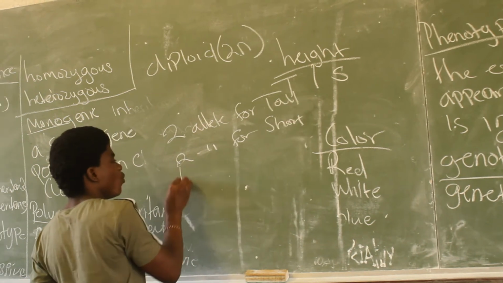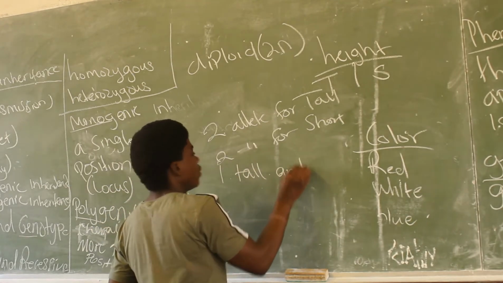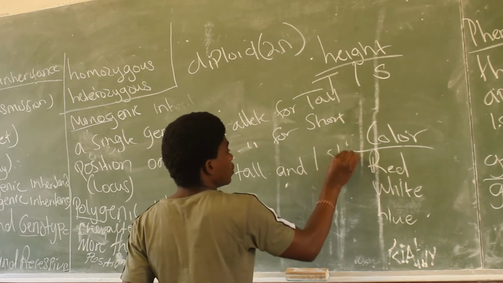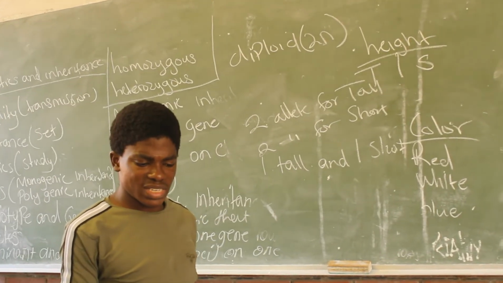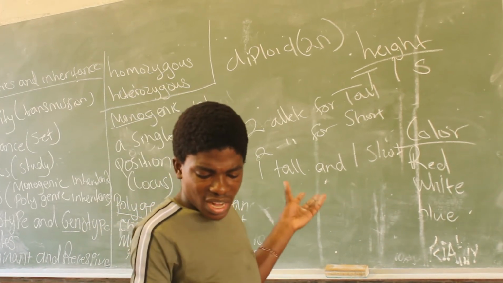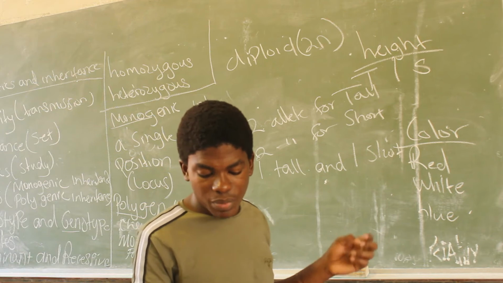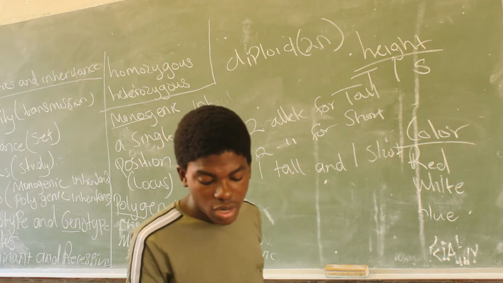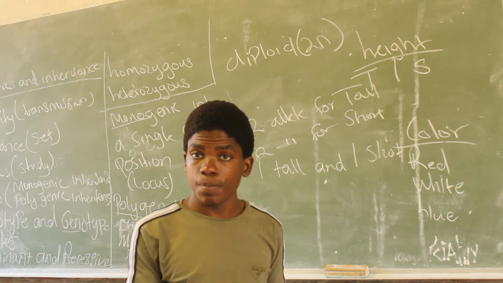Or you can have one for tall and one for short. So how does that come about? How does that happen? We can define genotype as a combination of alleles that an individual possesses for particular characteristics.